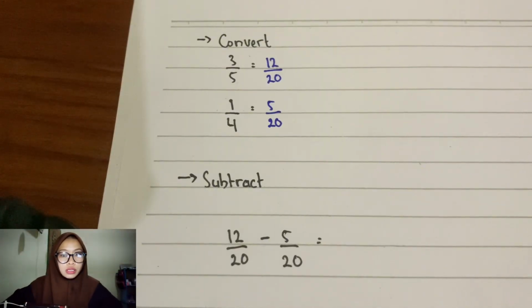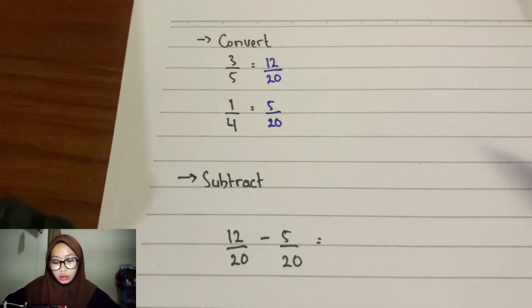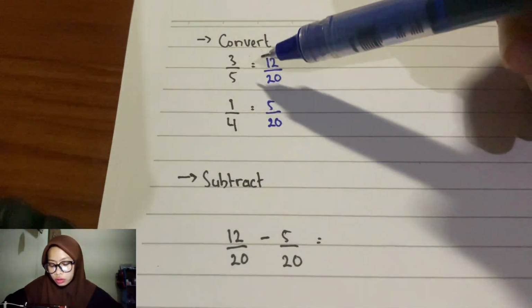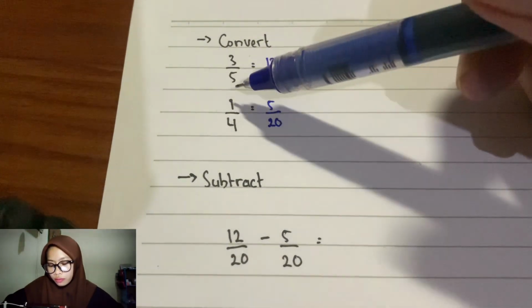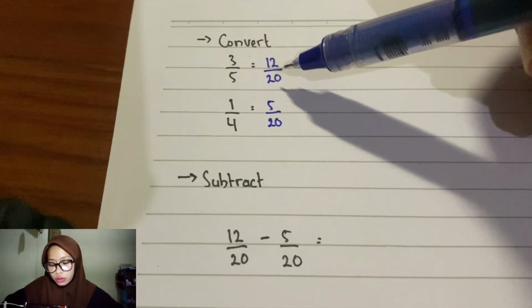Okay, for the next step, we're going to convert each fraction. So 3 over 5, we're going to multiply this fraction by 4 because 5 times 4 is 20. So 3 times 4 is 12 over 5 times 4 is 20.